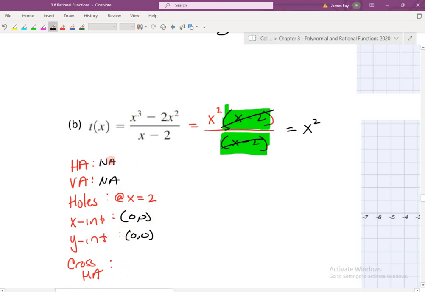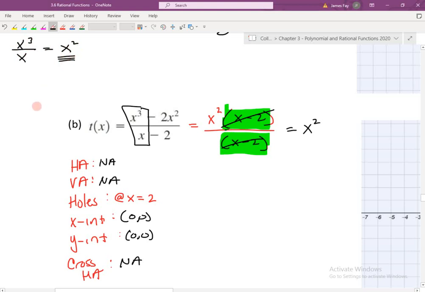Because we don't have a horizontal asymptote, there is no way to cross it. Yes? I don't understand why you don't have a horizontal asymptote. So horizontal is when we look at these two and compare them, right? So when I compare them, I get x cubed over x, and that's going to reduce to x squared.